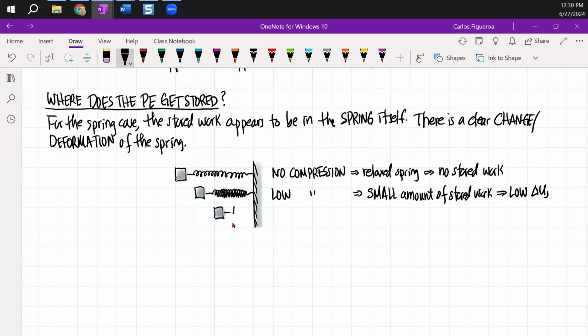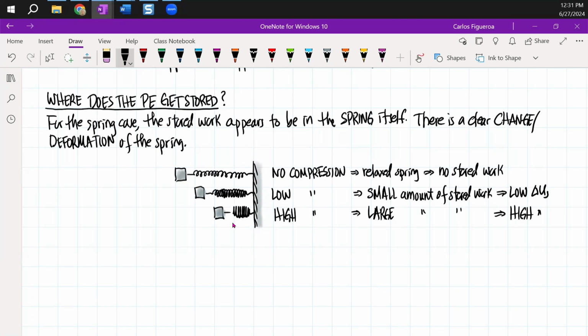However, if we come here and it's really compressed, then we have high compression, and as a consequence, there's a large amount of stored work because I had to push harder. And so we say that we have high stored work, which tells me I have a high spring potential here.